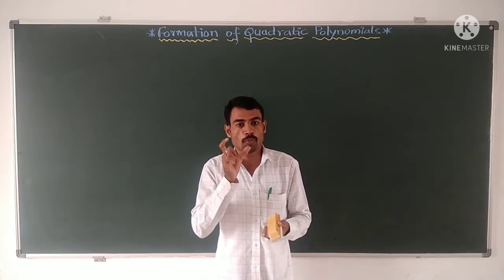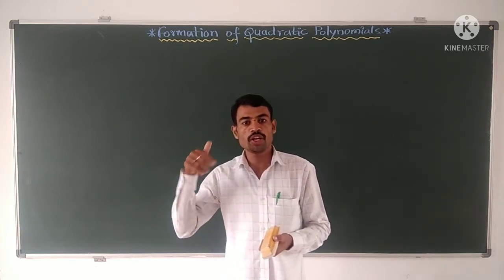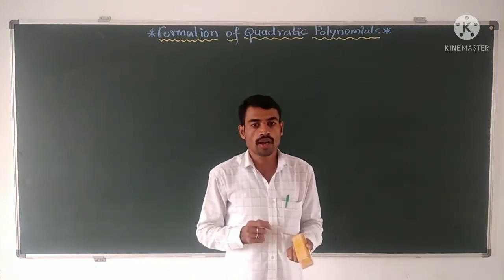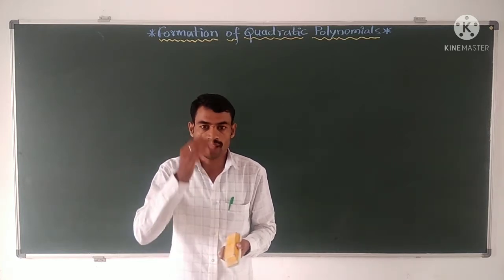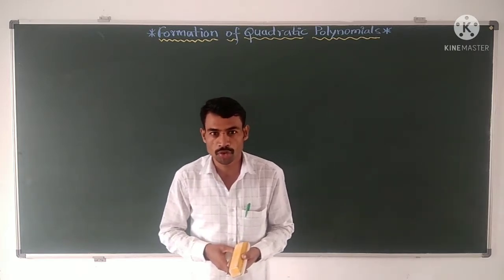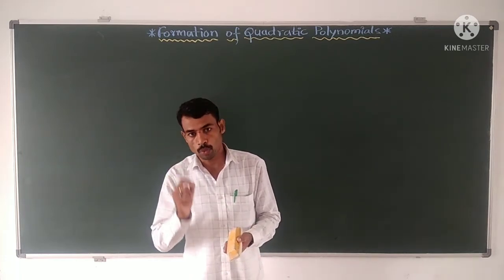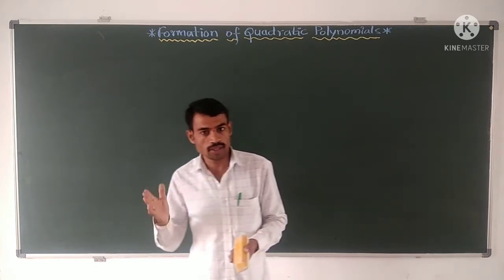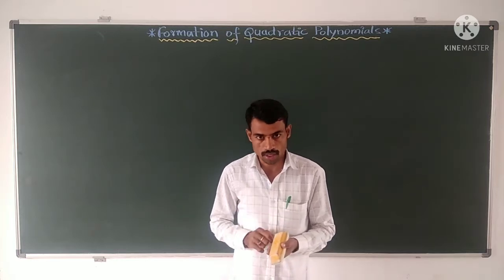So when the polynomial is given, we need to find its zeros. We know that process and how to solve those problems. We have many methods here, so by solving that we can find the zeros of the quadratic polynomial.